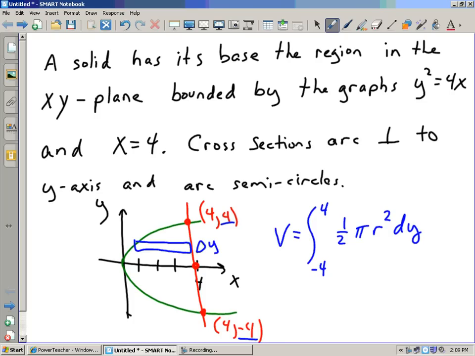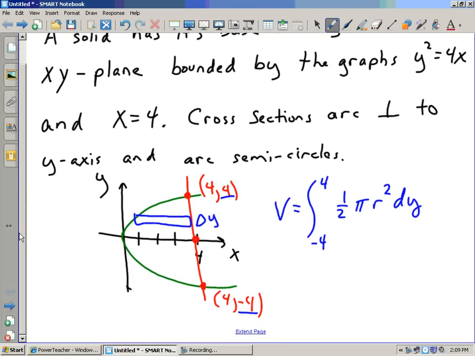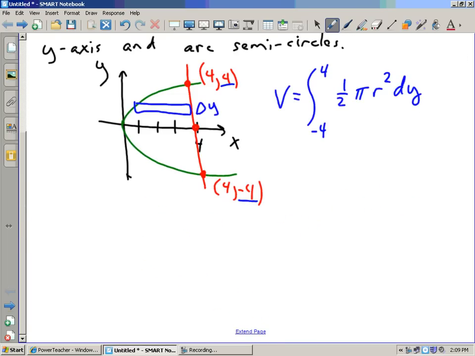So next we need to represent the radius in terms of y. Let's pull our constants out to the front. So we have 1/2 pi. Limits still negative 4 to 4. Diameter is represented. Radius will be 1/2. So we're going from the red function to the green.